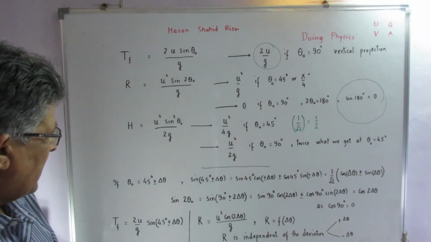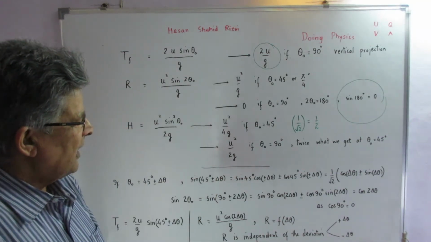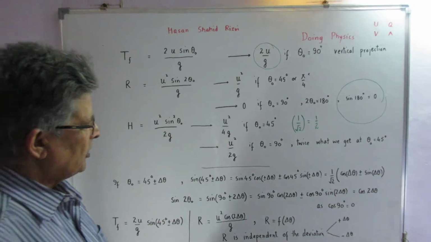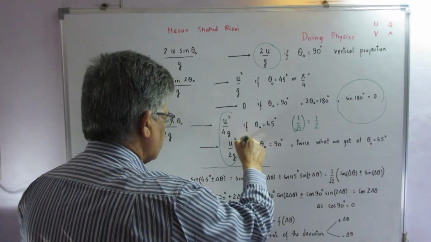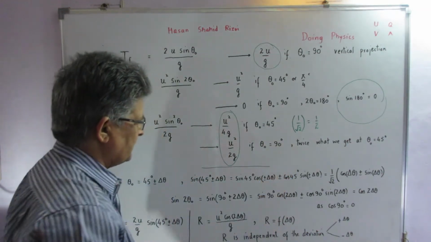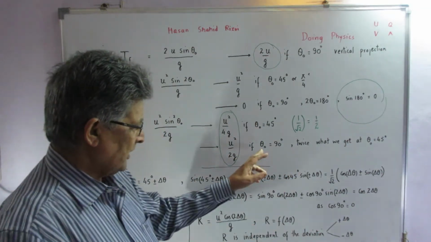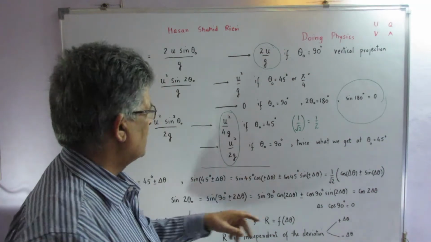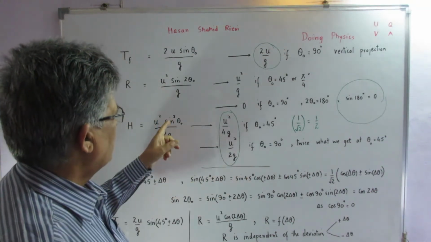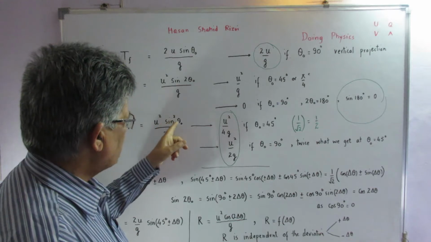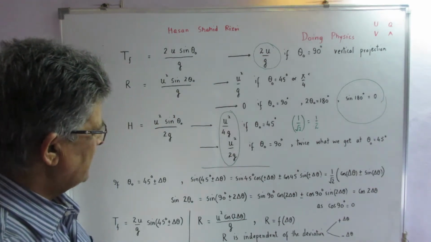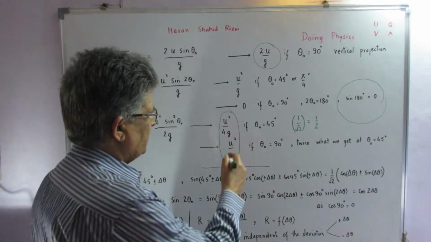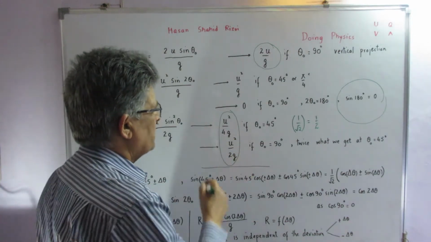And the same height. Now look here, the correlation between that condition and the condition that theta naught is equal to 90 degrees. When theta naught is equal to 90 degrees, what we get is sine square theta naught also equal to 1, the square of 1 is equal to 1, and therefore we get it as u square upon 2g.